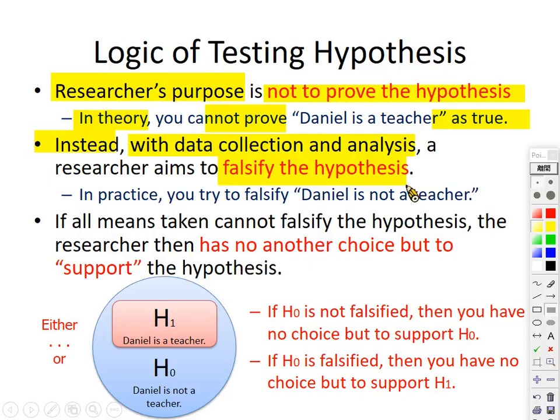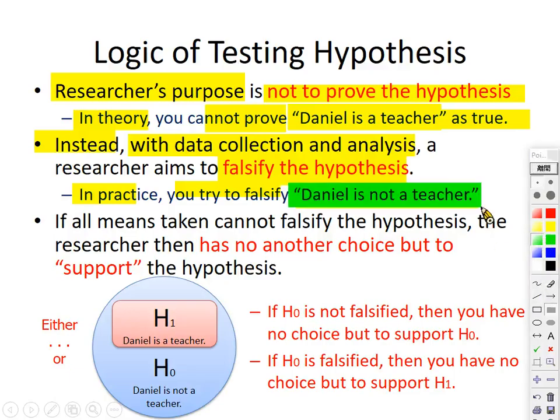To falsify only one time, then we can say this is wrong, right? Then we cannot accept it. Very simple. So in practice, you do not try to prove Daniel is a teacher. Instead, you try to falsify Daniel is not a teacher. That's it. This is what we try to target.